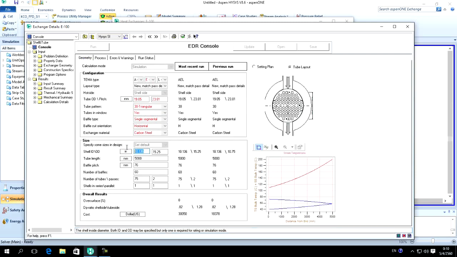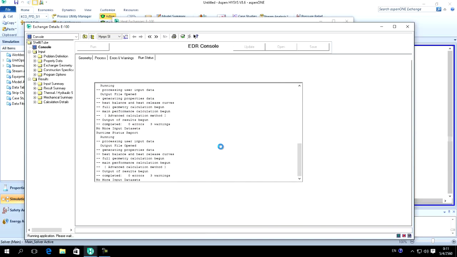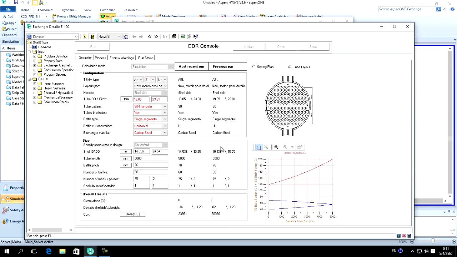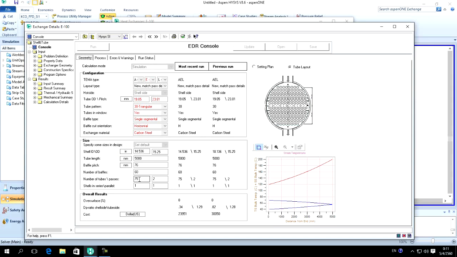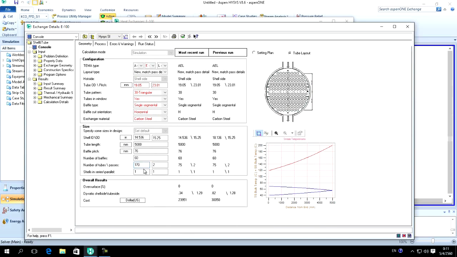And then the inlet. See, based on this, you can fit in many tubes. So let's check how many tubes they lay out on that. It turned out to be 170. So I go back to input the number of tubes to be 170.